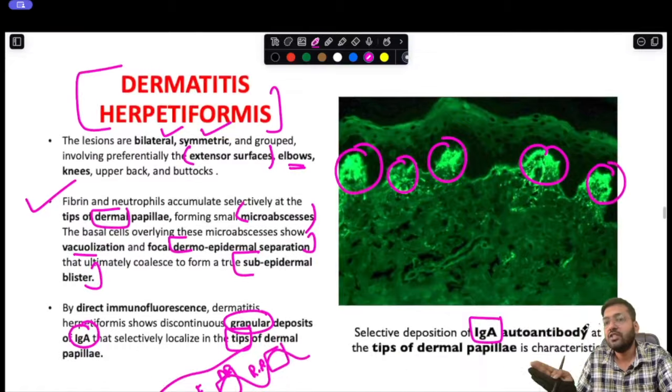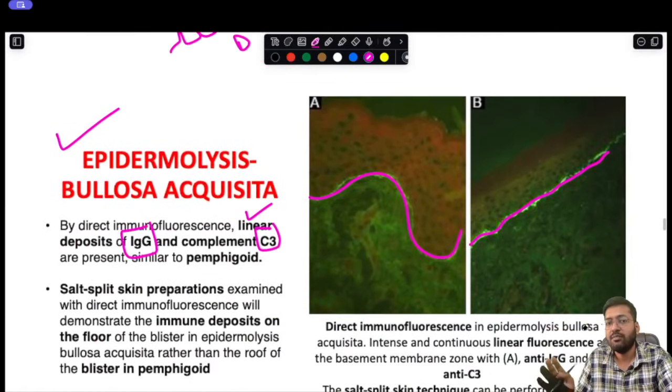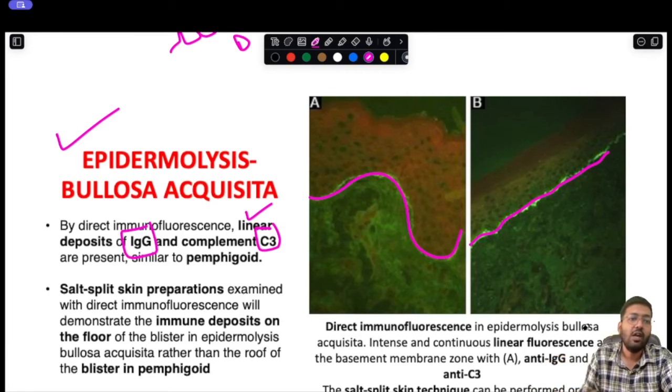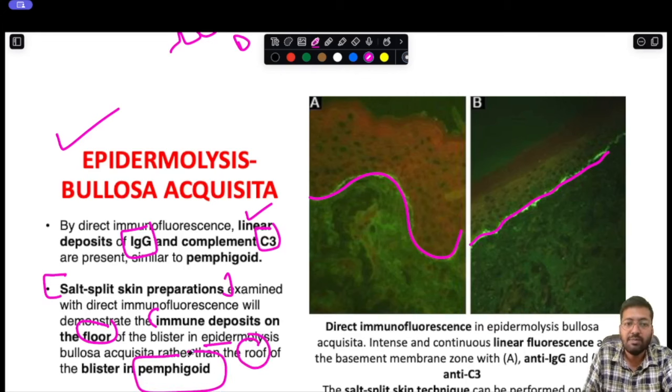So how to differentiate? Because by direct immunofluorescence, both of them show the same features. In this condition, we have to carry out something known as salt split skin preparation. Salt split skin preparation examined with direct immunofluorescence will demonstrate the immune deposits on the floor of the blister in epidermolysis bullosa acquisita rather than the roof of the blister as in case of bullous pemphigoid.